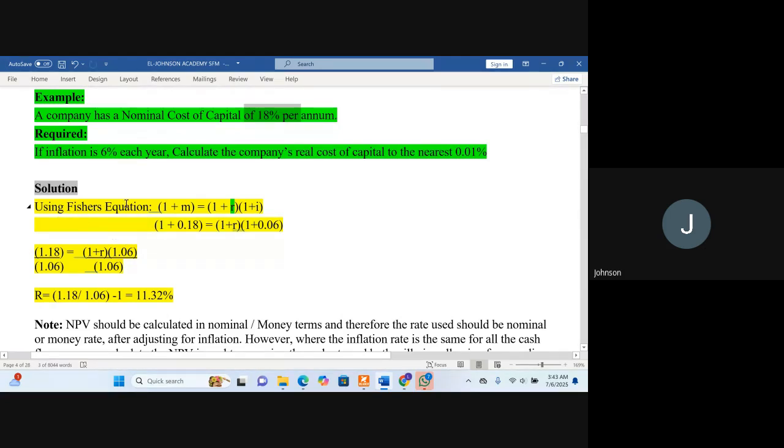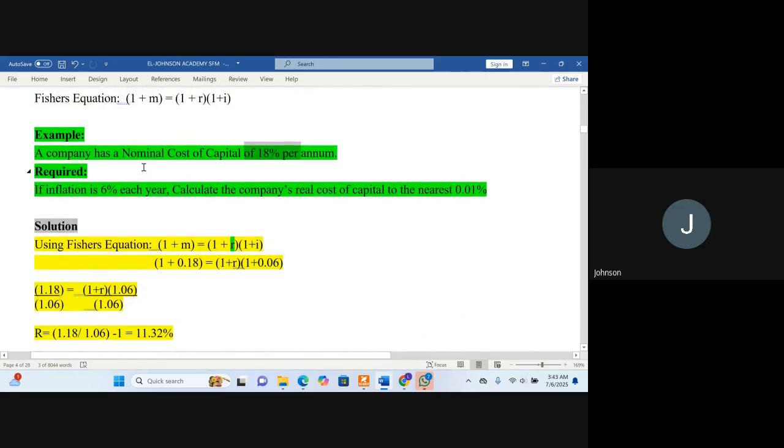Now, using the Fisher's equation, we say 1 plus M. We already know what M is. M, the nominal cost of capital, is given as 18%. So it becomes 1 plus 0.18 equals 1 plus R. What is our R? We don't know what R is because we are trying to look for the real cost of capital.